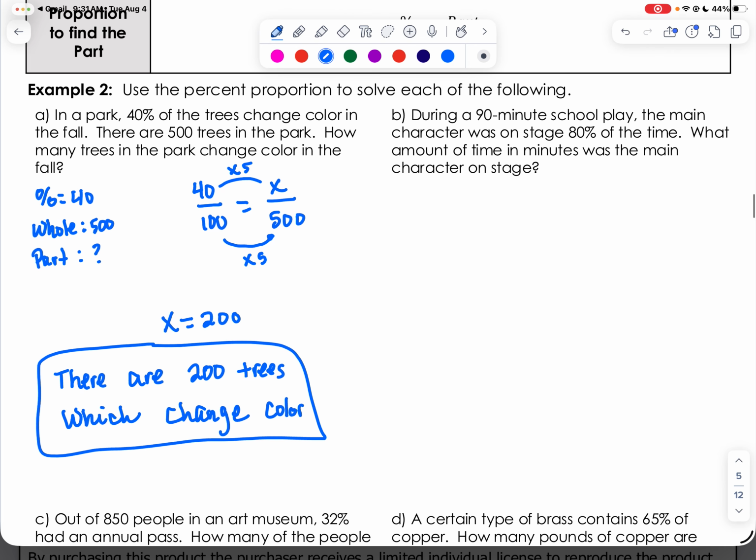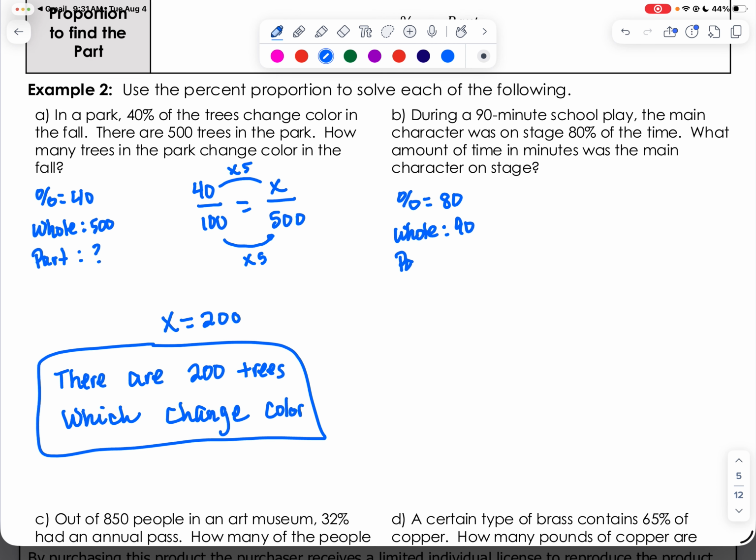All right. During a 90-minute school play, the main character was on stage 80% of the time. What amount of time in minutes was the main character on the stage? We know the percent here is 80, and we know the whole play, the total amount of time in the play, was 90 minutes.